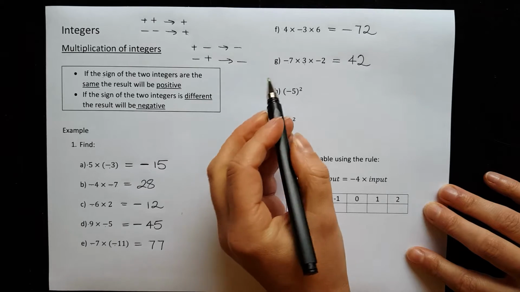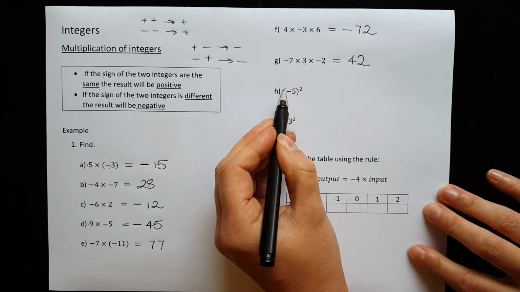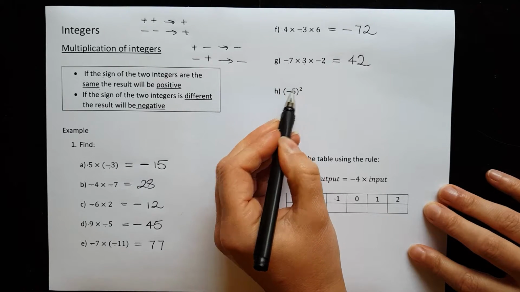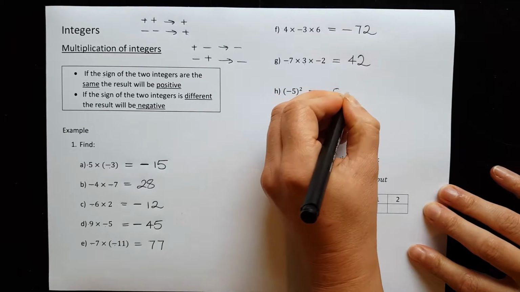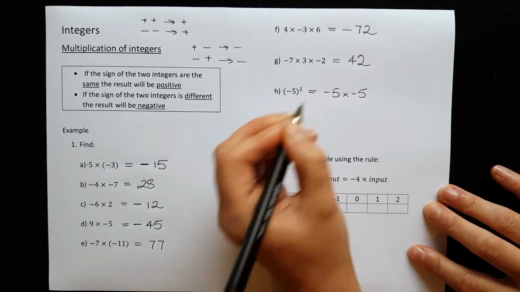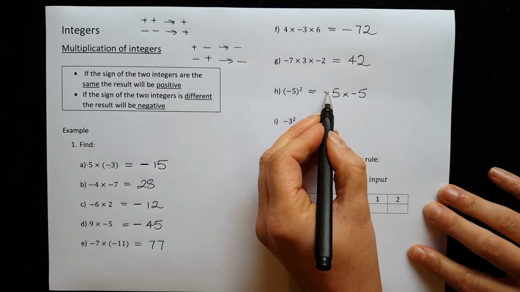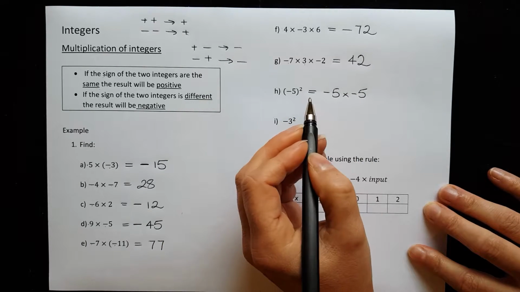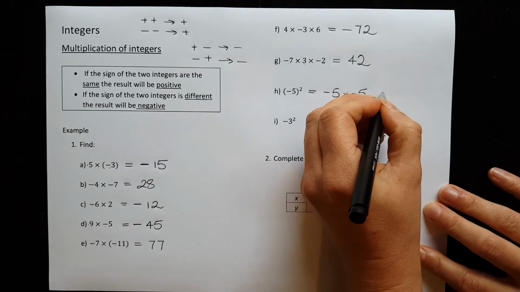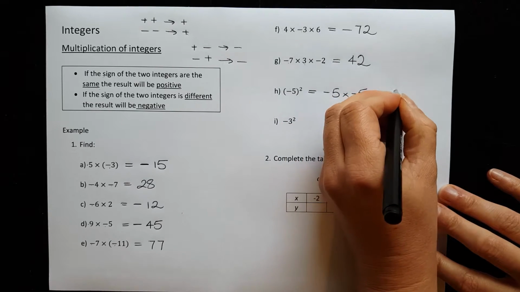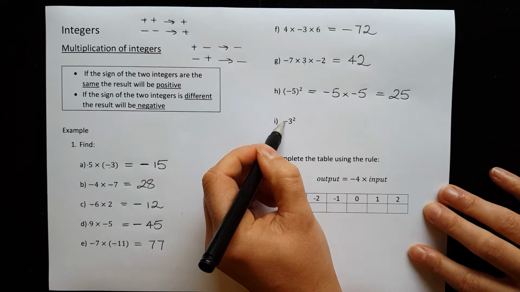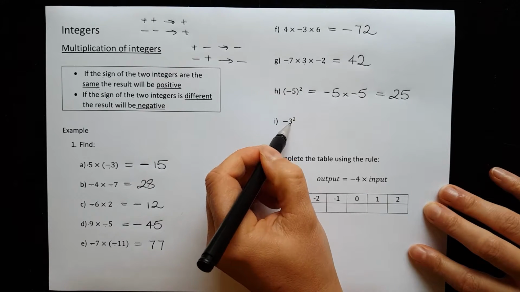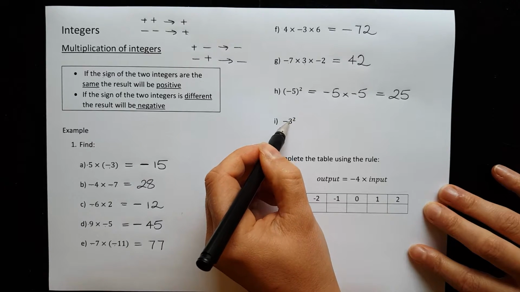For H, if I have a minus 5 in brackets squared, that's the same as writing minus 5 times minus 5. Okay, so that's a minus times a minus, which makes a plus. 5 times 5 is 25, plus 25. But if the minus is here and it's not in brackets, we're really only squaring the 3.